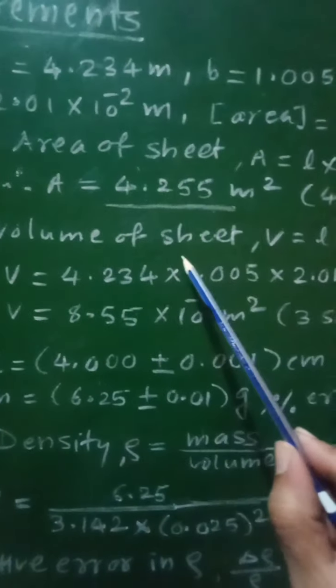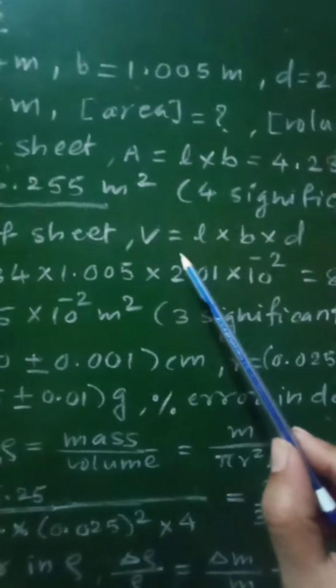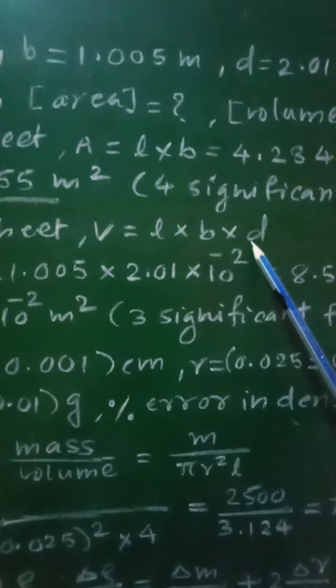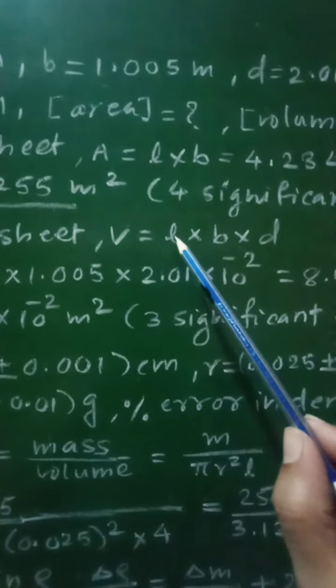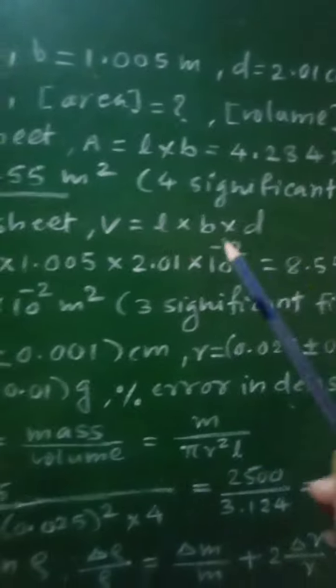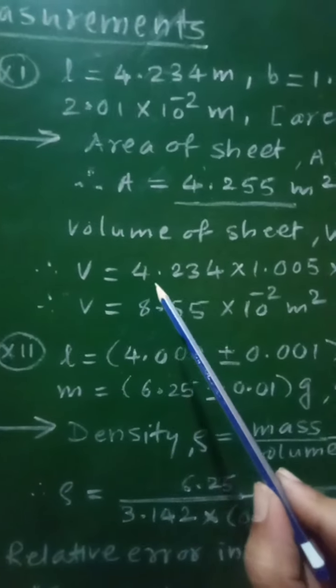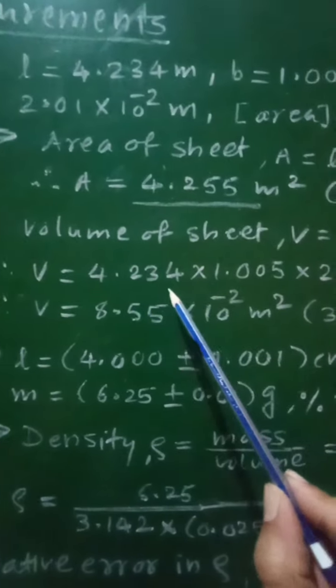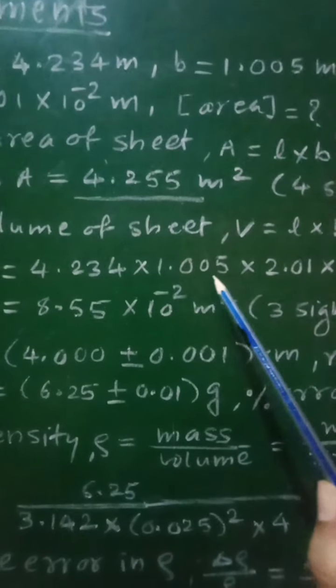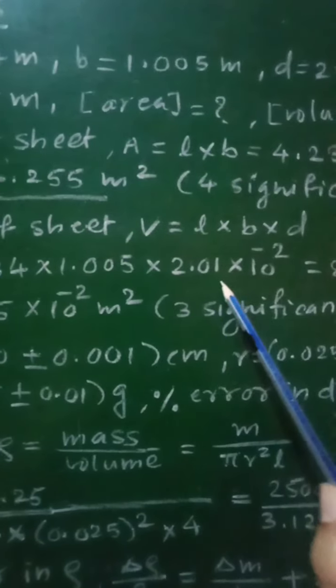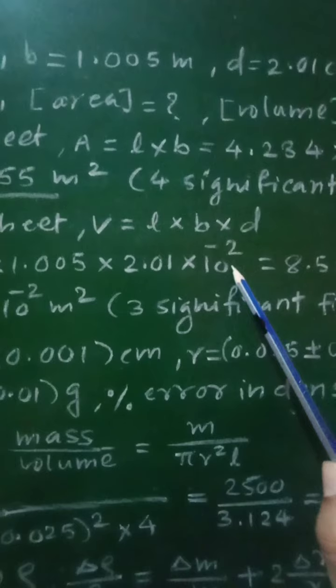Similarly, volume of the sheet will be equal to length into breadth into thickness, that is volume V equal to L into B into D. Putting the values, we get V equal to 4.234 into 1.005 into 2.01 into 10 raised to minus 2.